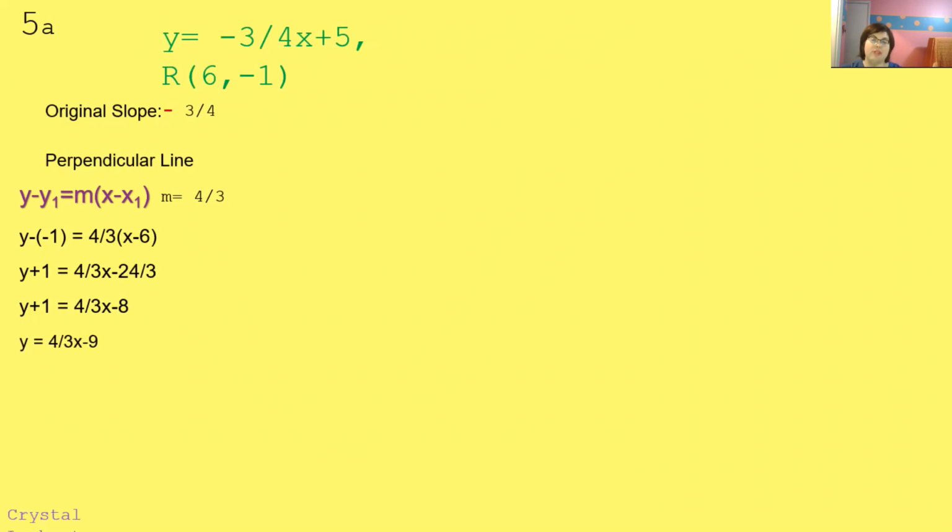So anything you do to the left, you have to do to the right. To get y by itself, we have to subtract 1. So we have to subtract 1 on the right. -8 minus 1 is -9. Make sure you pay attention to that when you're working your problem. So y is equal to 4/3 x minus 9.